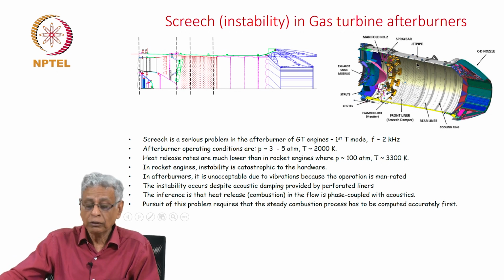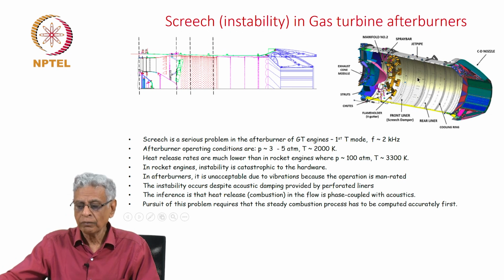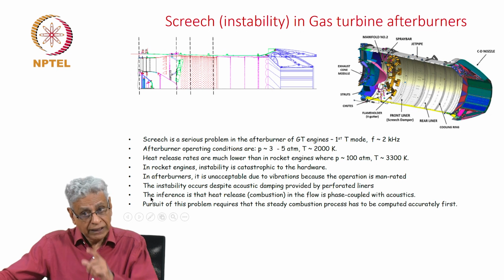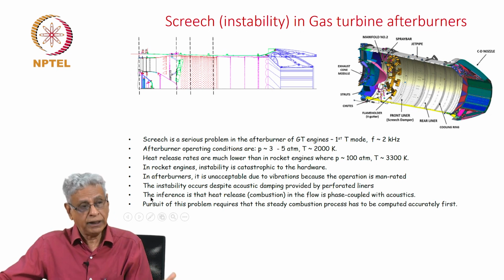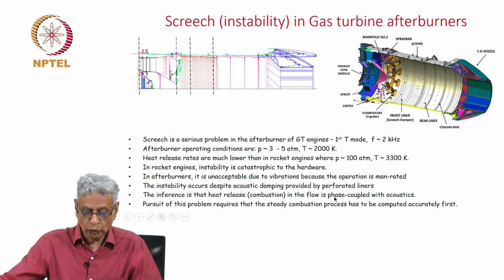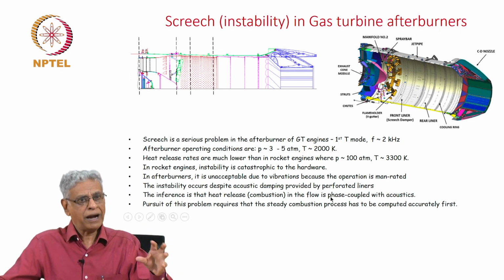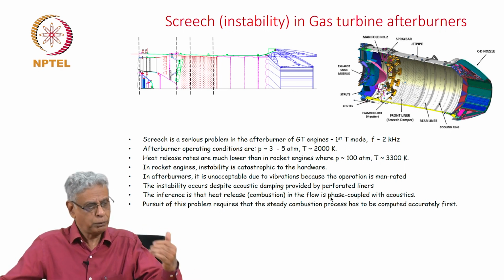In most military engines you will discover afterburners will have perforated liners. Even if this is provided, you will find instability in some domains of operation. The inference of course is that the heat release in the flow is phase coupled with the acoustics. Again, this is a matter of detail which will be explained.